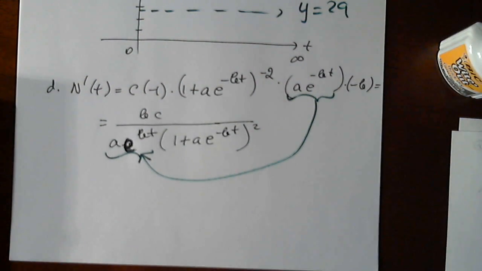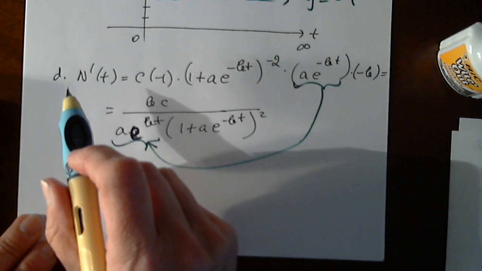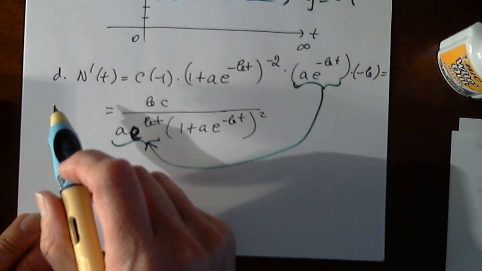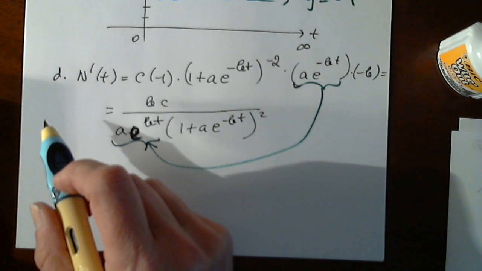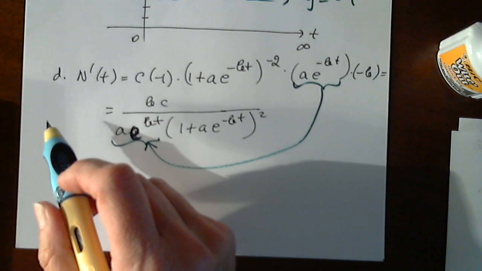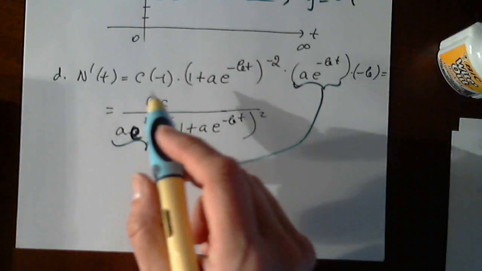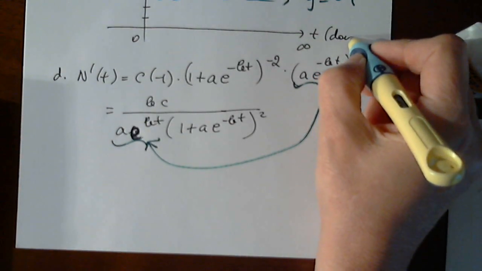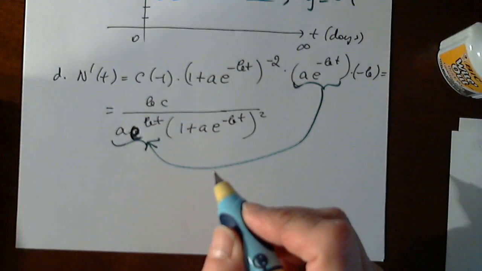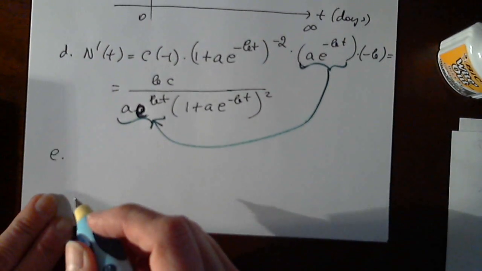So that is the rate of change of n, which one more time is, no, n is the number of students who have heard a rumor, and t is the time in days. Okay, so we found the rate of change. Last question here, and we'll come back to the graph in a moment.